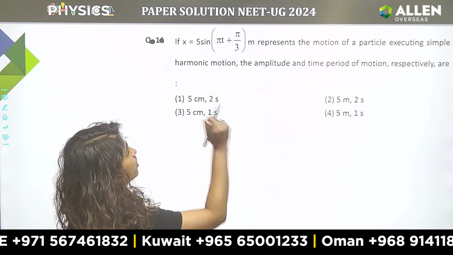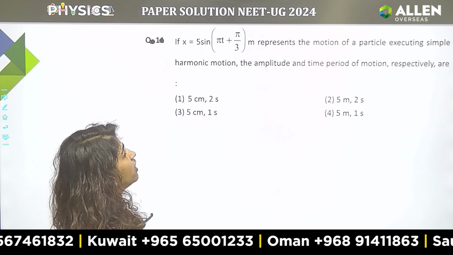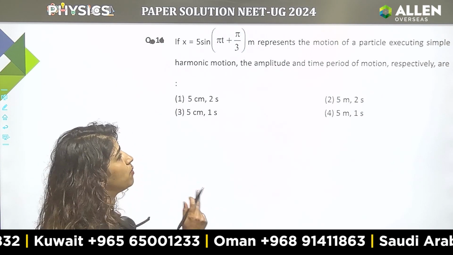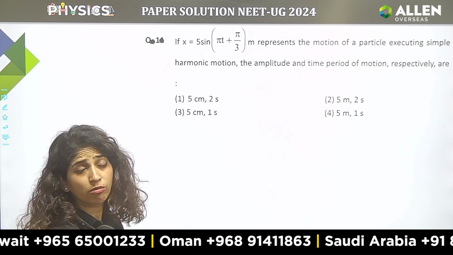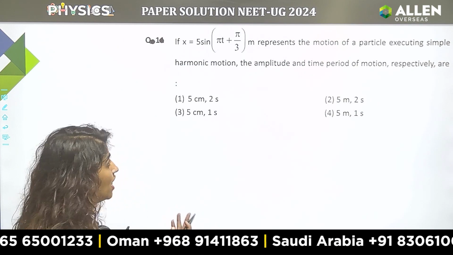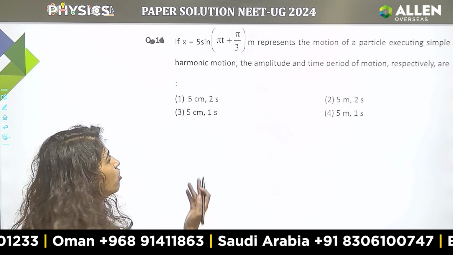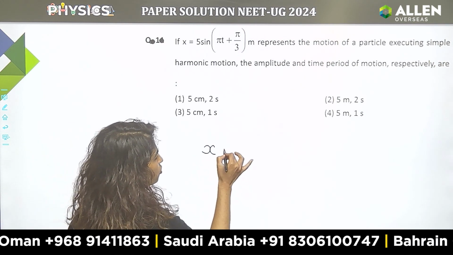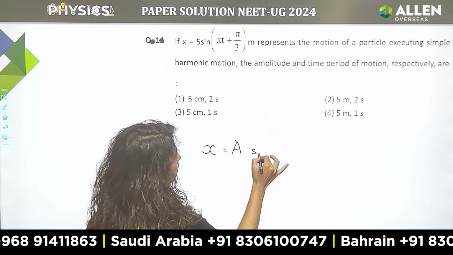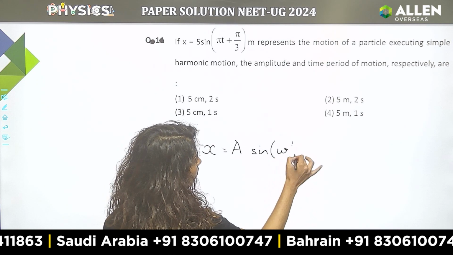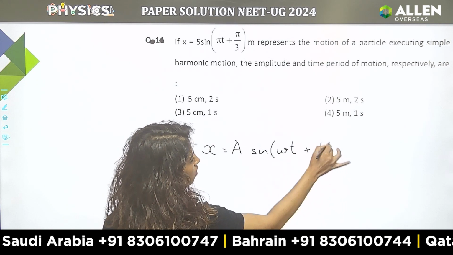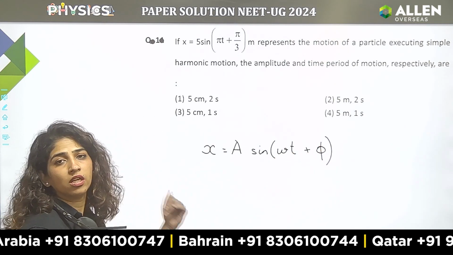Next, the question given is x is equal to 5 sine pi t plus pi by 3 meter, which is a representation of a particle performing SHM. Find amplitude and time period. So very simple, what you have to do here is compare the given equation with the equation of SHM.